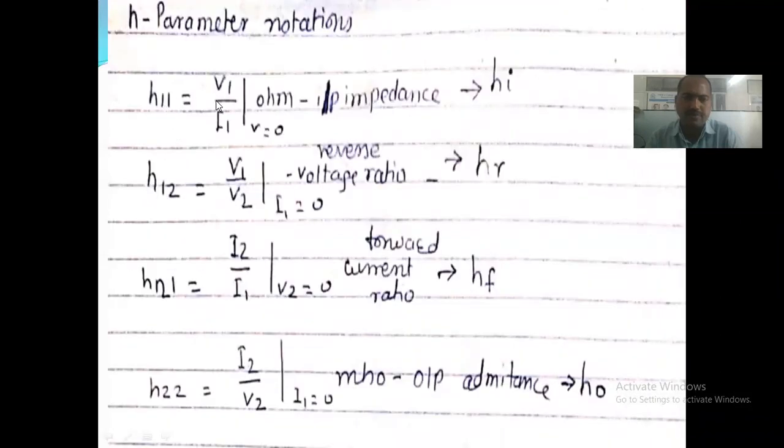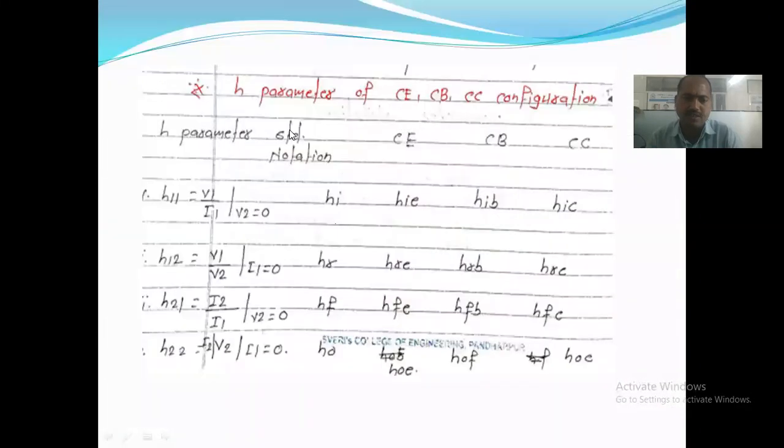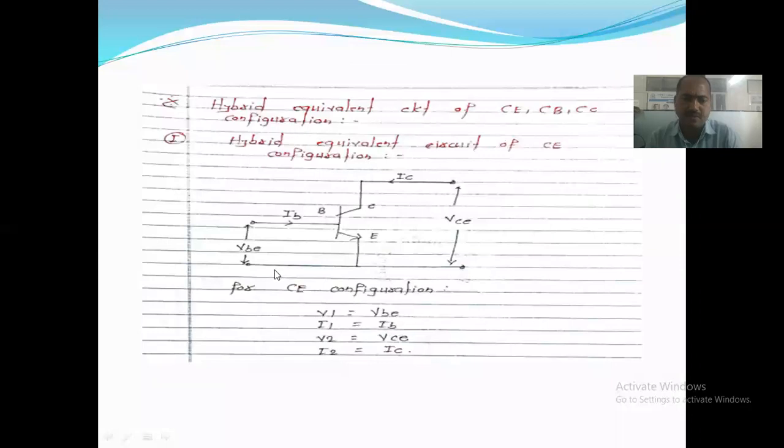H11 is nothing but V1 upon I1. We don't write it here as V1 upon I1. See here, V1 means the input voltage applied, that is the first voltage, V1. So whatever voltage is applied across it is V1, which is equal to VB.